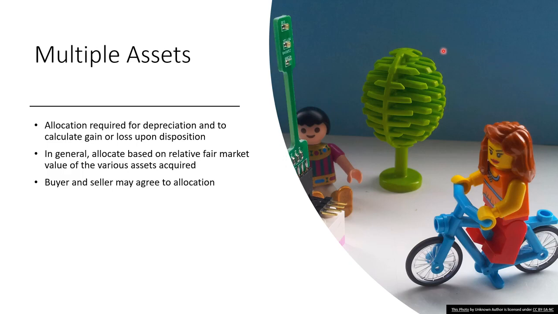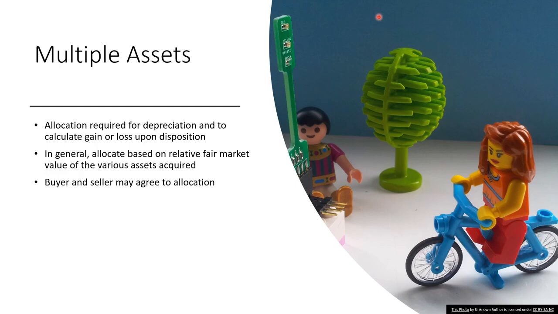If we buy multiple assets for a lump sum, allocate the amount paid among the assets received. We must make this allocation to figure our basis for depreciation and gain or loss on a later disposition of any of these assets.